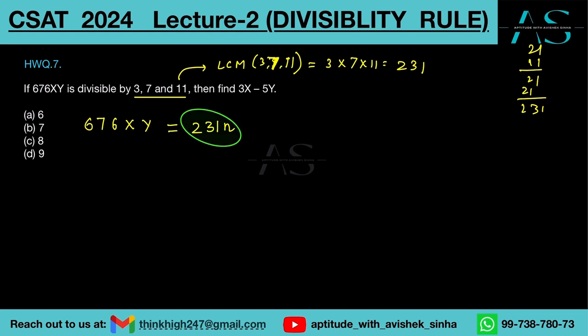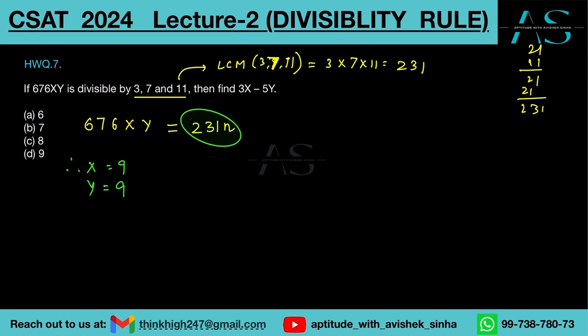So basically 676xy is a multiple of 231. Now, based on this logic, I can start with a certain assumption. So what is my first assumption? Let me just put x and y as the highest digit values. Let's put x and y as 9.